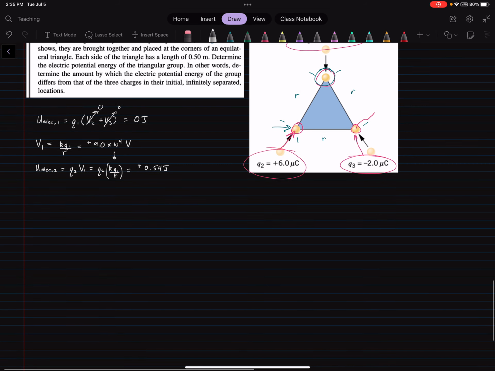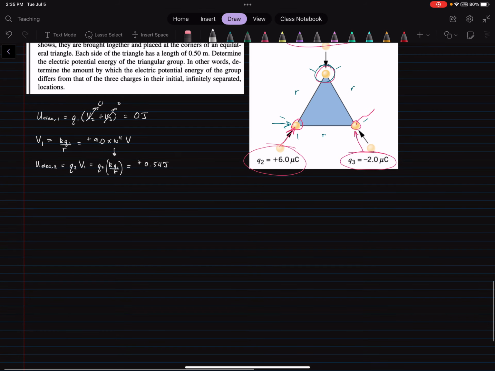So the potential at that spot, we can say is equal to V1 plus V2, right, at that spot specifically. And they make it easy because it's an equilateral triangle, but K Q1 over R plus K Q2 over R, right? So it's the same R.